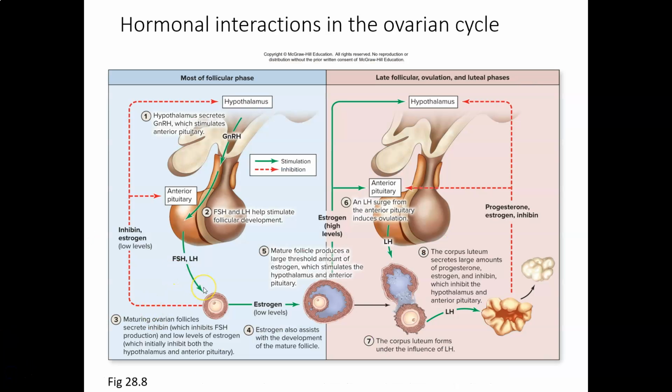This is a busy figure. I know you probably get overwhelmed just by looking at all the arrows, right? This is actually showing you the hormonal interactions we already alluded to in the last slide. So in most of the follicular phase, you have the gonadotropin hormone from the hypothalamus triggering the FSH, right?